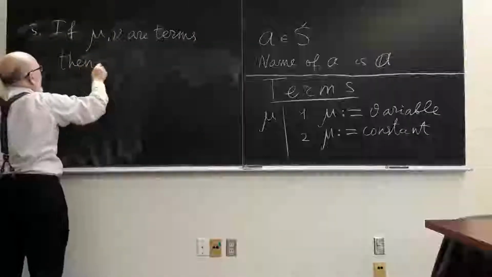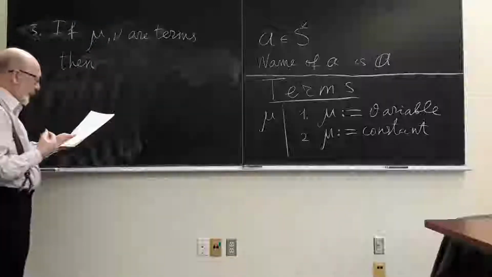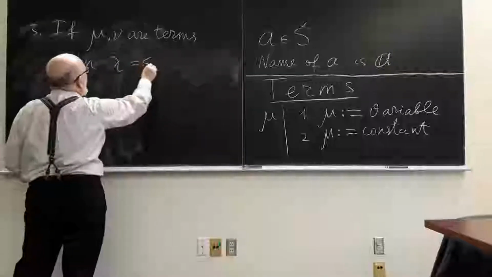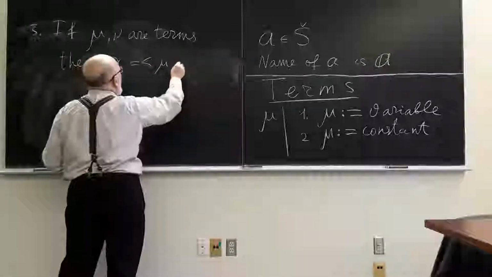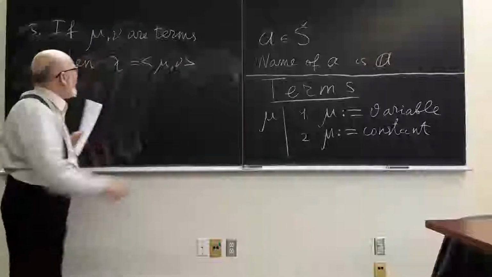Then we can form another term, chi equals mu nu. It is ordered pair of terms is a term.